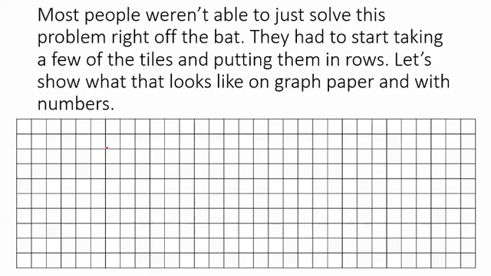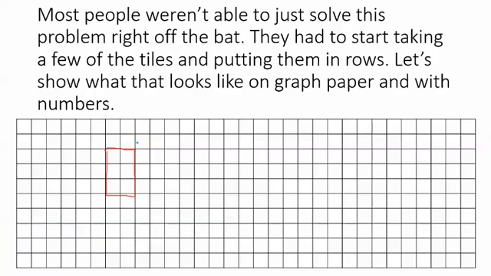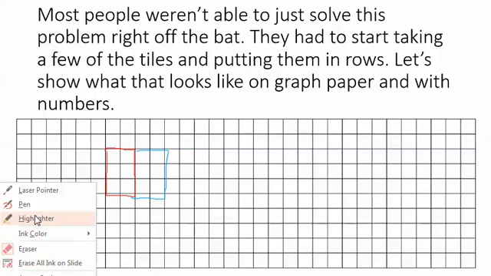And maybe if they didn't do this, you can make up that maybe somebody took 6 and put them in rows of 3, right? And then maybe somebody took another 6 and put them in rows of 3. And they kept doing it that way. That was another 6 in rows of 3. Oops, sorry, let me fix that. It should be a different color. Right, another 6 in rows of 3.